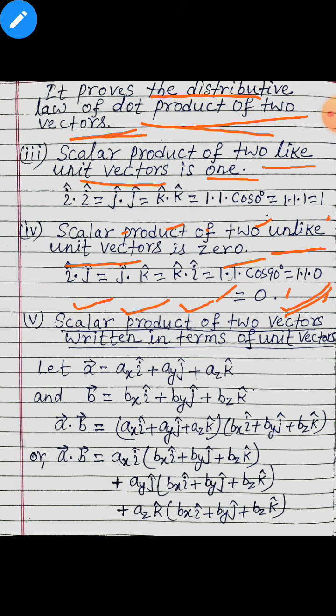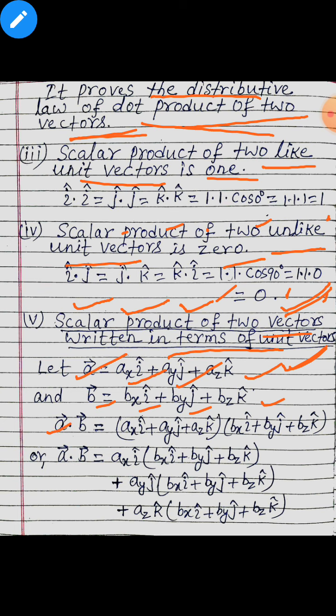Now the scalar product of two vectors written in terms of unit vectors. Suppose A vector equals ax i plus ay j plus az k and B vector equals bx i plus by j plus bz k.